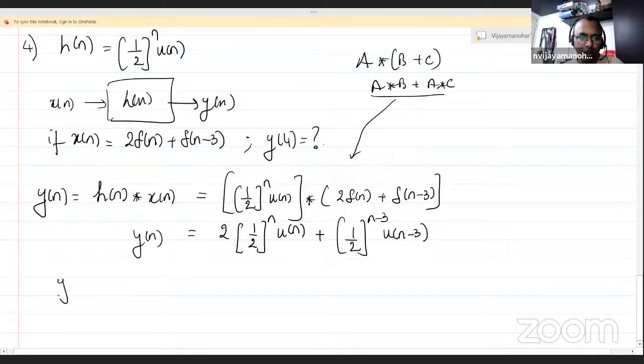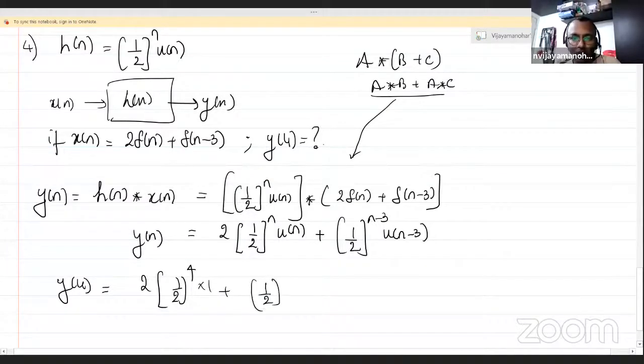So now y of 4 is what we need to find. Substitute n equal to 4. I will get 2 into (1/2)^4, u of 4 is just 1, so multiply by 1, plus (1/2)^(4-3), which is (1/2)^1, and u of 4 minus 3, u of 1, is 1.